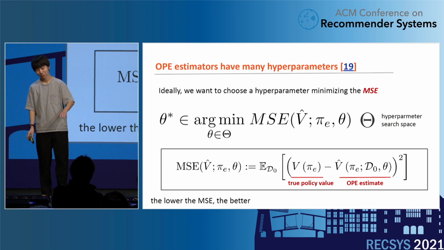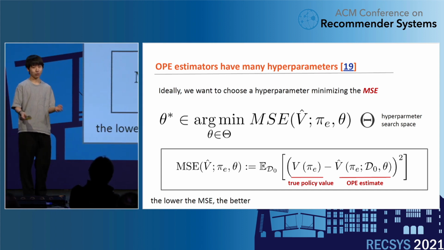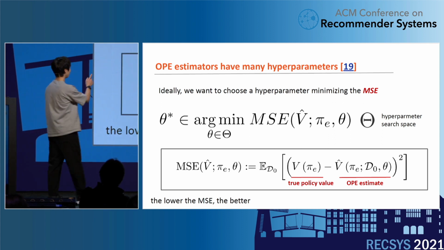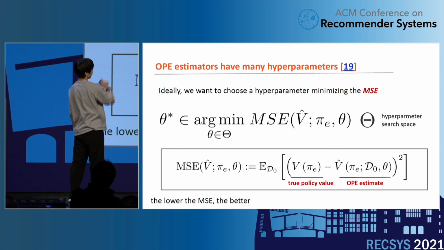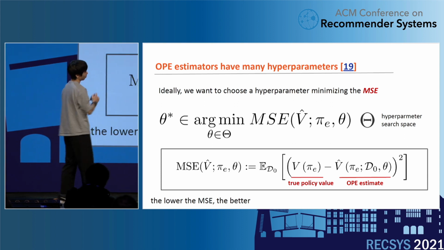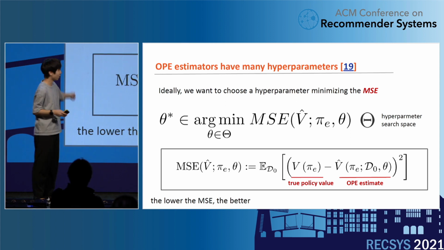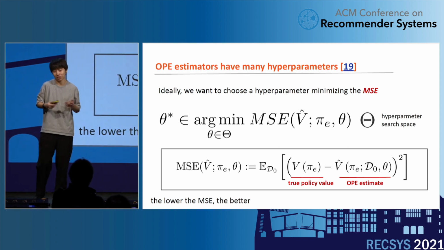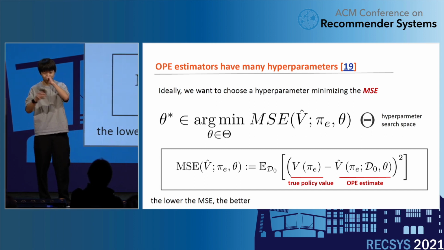Of course, the lower the MSE, the better the policy estimator. So when we pick a hyperparameter, we want to minimize the mean squared error of the resulting estimator over the possible hyperparameter search space. Then this hyperparameter is going to be the optimal hyperparameter in terms of mean squared error, or the accuracy of policy evaluation, right?